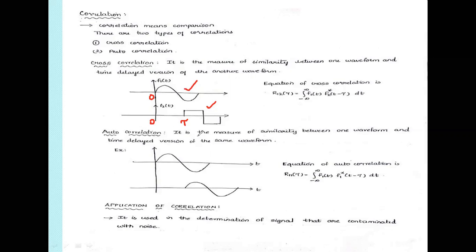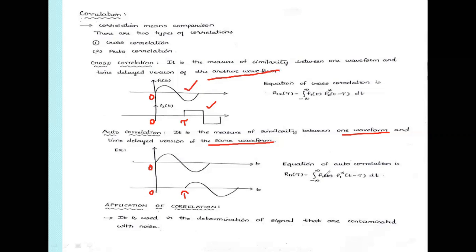Autocorrelation function means it is a measure of similarity between one waveform and the time delayed version of the same waveform. Here, in the other case, it is another waveform. In the same waveform case, f1 of t is a sinusoidal signal and f2 of t is also a sinusoidal signal, but f1 of t is a normal signal and f2 of t is a delayed version.